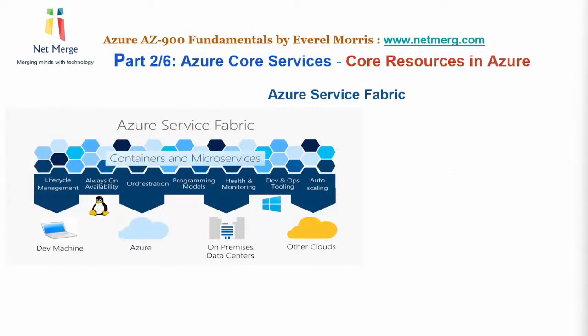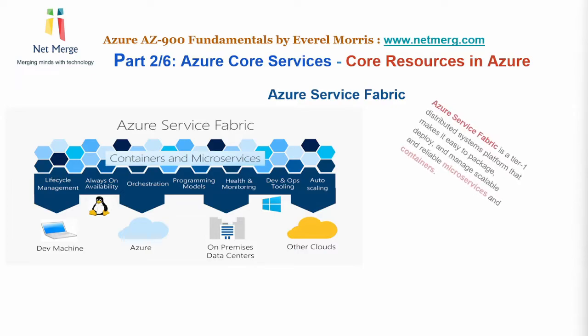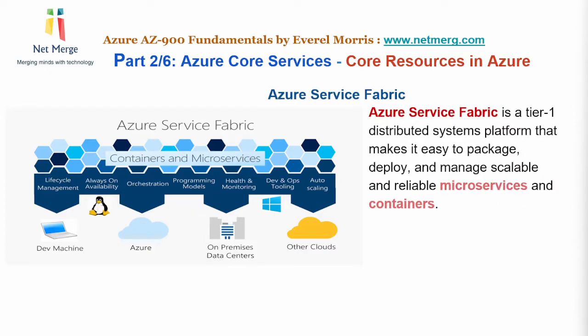Now we want to move on and we want to take a look at Azure Service Fabric. It's one of the microservices masterminds in Azure, and it is run using containers. So what we want to do is look at some examples of what you could use Azure Service Fabric apps for, or as a matter of fact, what it is used for. Azure Service Fabric is running Microsoft Azure SQL Database today. It's running Cosmos DB.